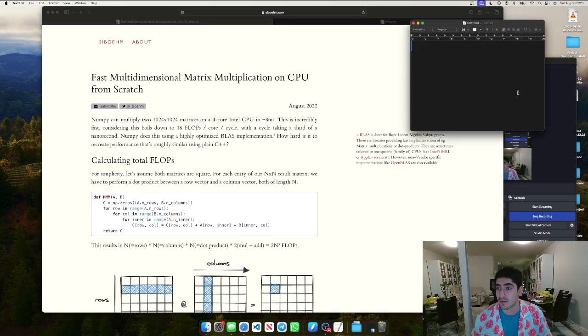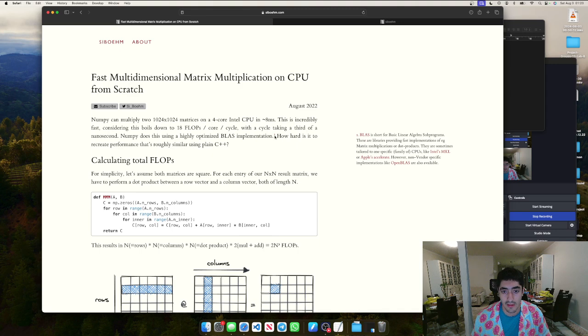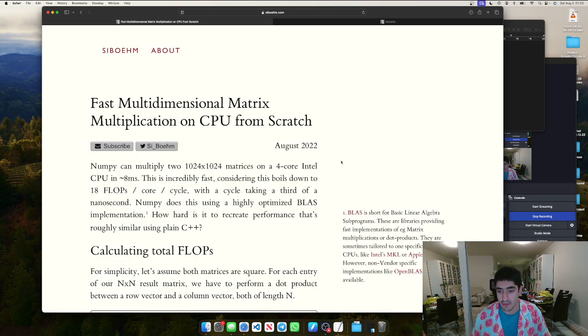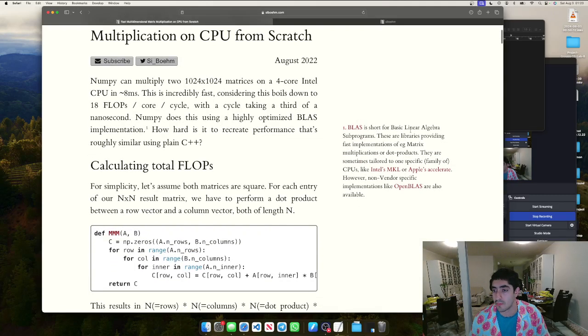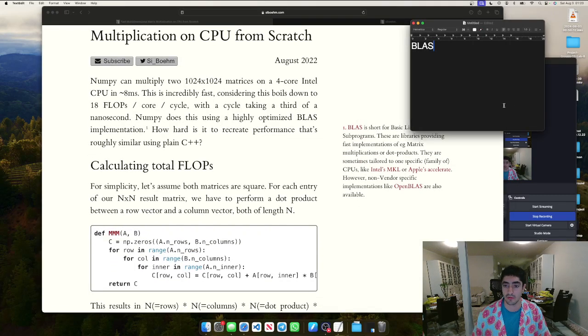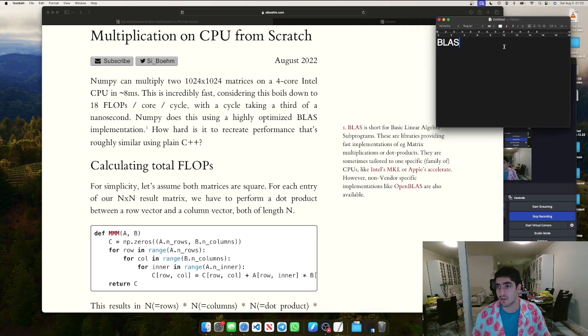Oh great, he actually links this for us. He explains it here. BLAS is short for Basic Linear Algebra Subprograms. Just gonna rewrite this, so short for Basic Linear Algebra Subprograms.